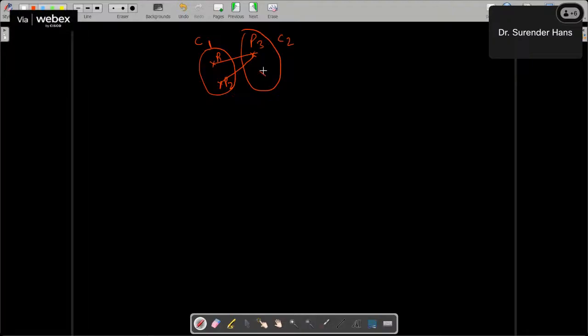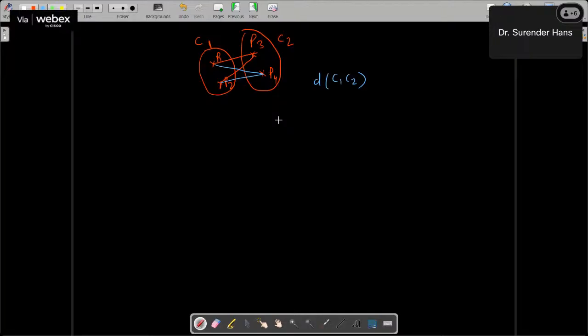So in C2, two data points P3 and P4, C1 two data points P1 and P2. So now find out the distance between P1 and P4, P2 and P4, P2, P3, P1, P3. So whichever has the minimum distance, that will be your final distance between C1, C2.